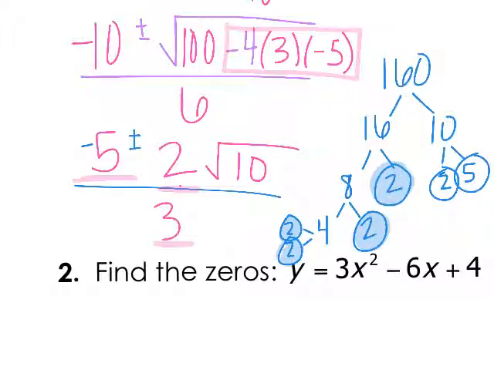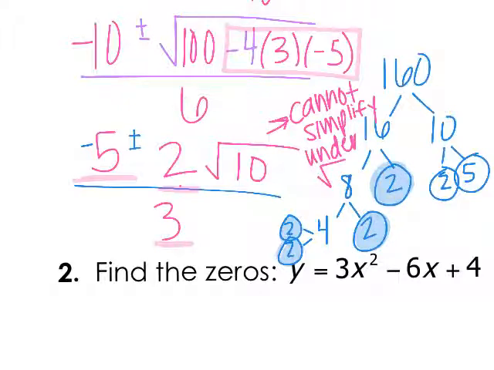Notice I did not simplify under the 10. You cannot simplify under radicals. Think of it as like a shield, okay? So the 10 is under a shield, you cannot simplify it.